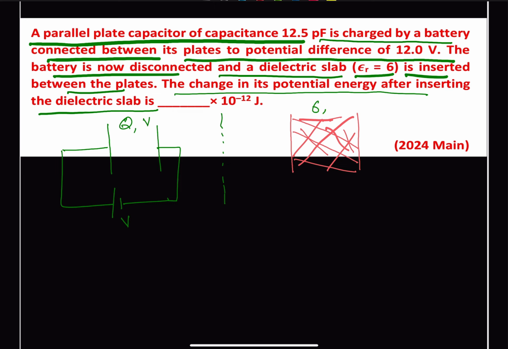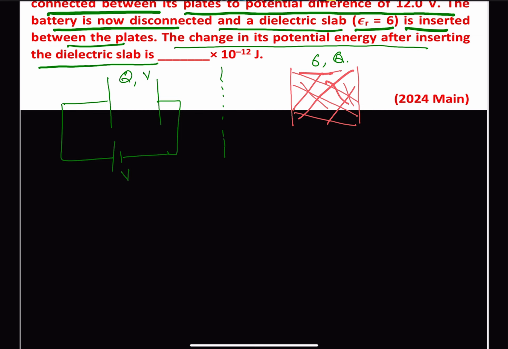And as the battery is removed, the charge is going to remain constant. So charge in this case also will be our Q. And we have to find out the change in potential energy. So this is our initial condition and this is our final.